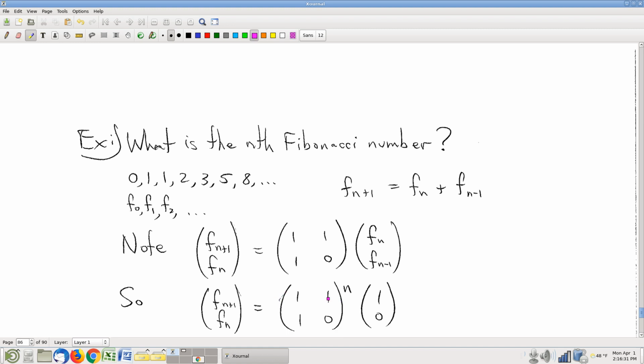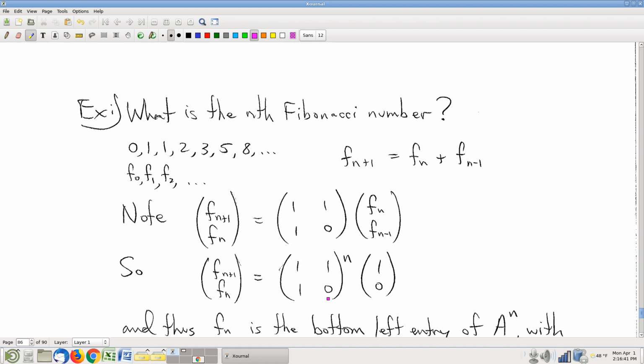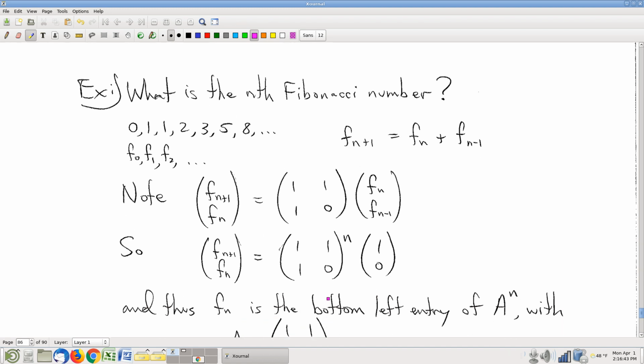I'm going to pretty much gloss over those details. That's a great application for y'all to do. Please do that. But before we get into that, let me just show how we will finally do this. I claim that what we're looking for, this nth Fibonacci number, is clearly the bottom entry of this product. There it is.